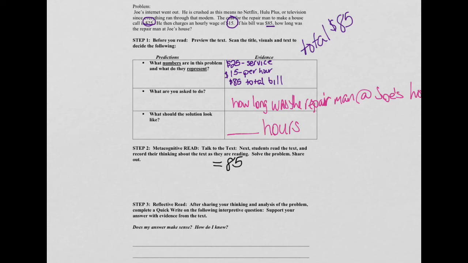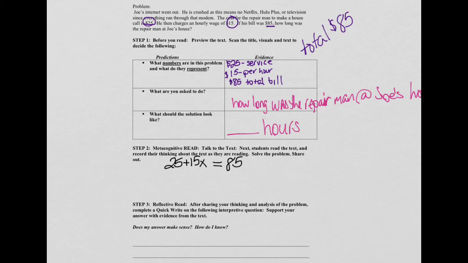And it happens to be something that is charged once because my second thing says that he will make $15 an hour. So I know my service fee is $25 plus whatever he's going to make per hour, which is $15. And I'm looking for how many hours, so remember we talked about our variable being our unknown? So it's 15x.